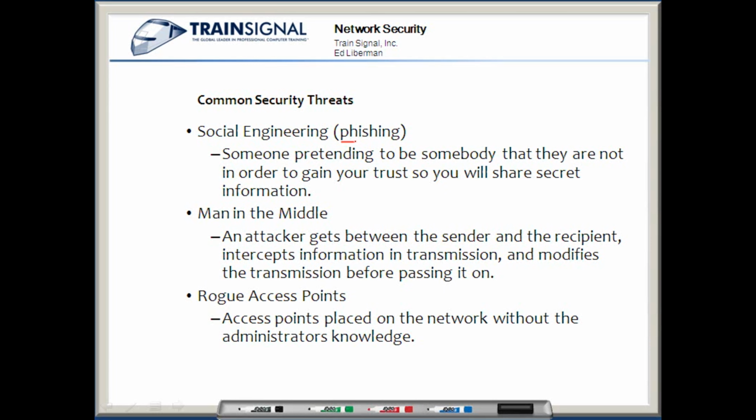Another form of security threat is something called rogue access points. And rogue access points are really quite simply access points that are placed on your network without administrators' knowledge. Thus the name rogue.